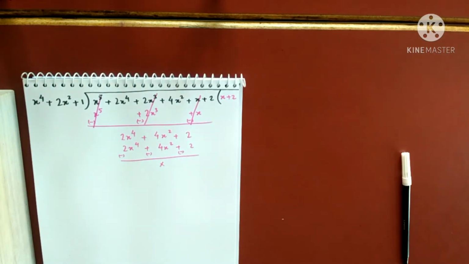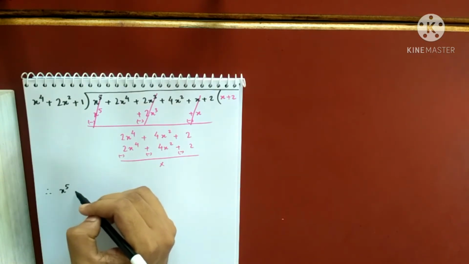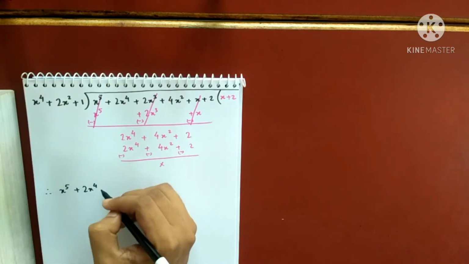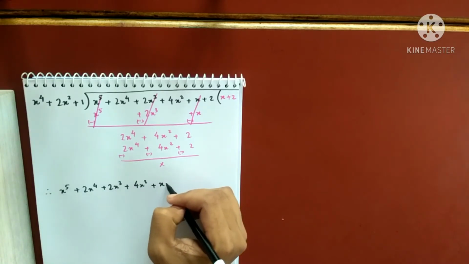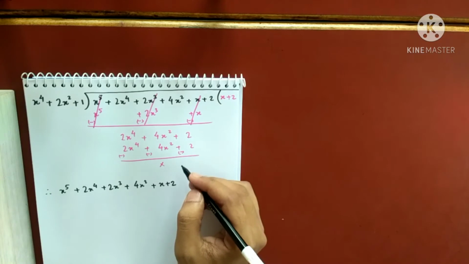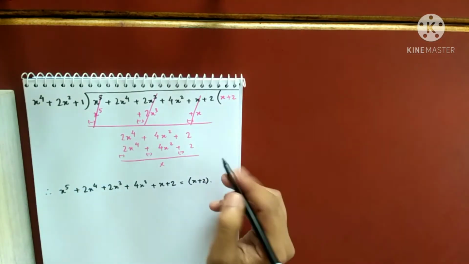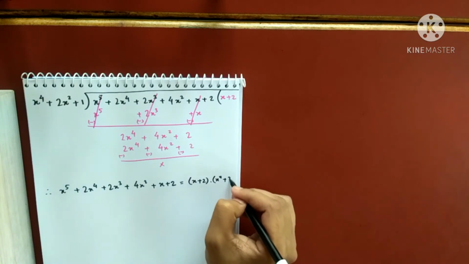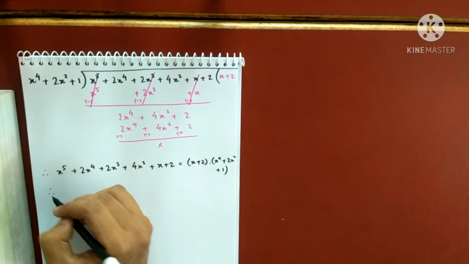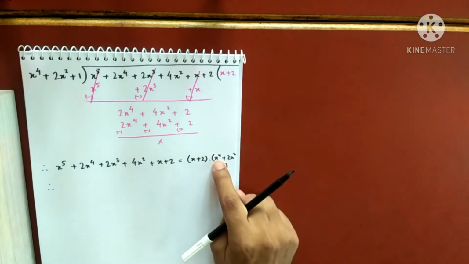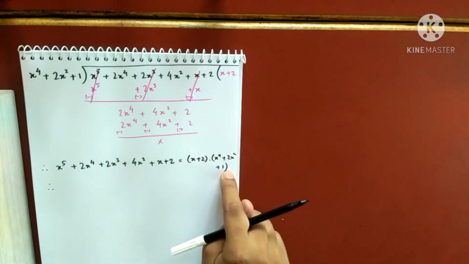So what can this polynomial be written as? This can be written as (x plus 2) times this polynomial, x to the power 4 plus 2x square plus 1. So therefore, if I equate this to 0, either this equals 0 or this equals 0.